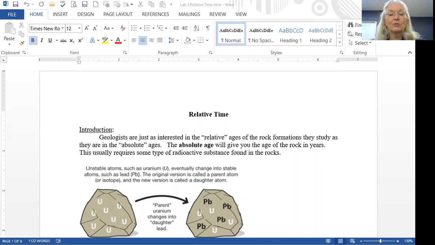So maybe there was a river that ate away some rock, or maybe there was a glacier that came in and dragged away some rock. The point is that below the unconformity and above the unconformity, the rocks differ dramatically in age. They're very different in age. So to come up with a geologic column, a sort of historical representation of the order of events, we start out by listing the rocks in order with the youngest on top.